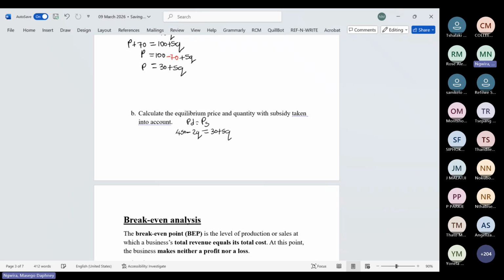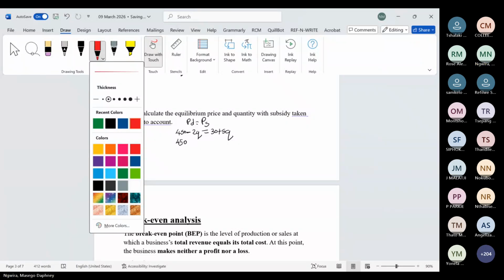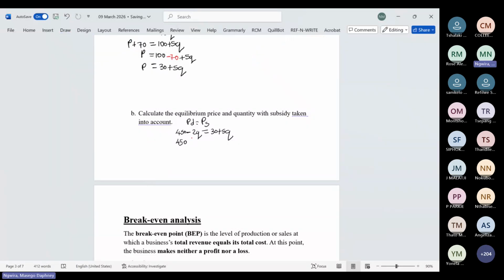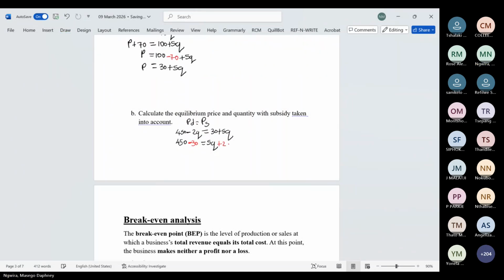I can take the 30 this side to avoid negatives. So it's 450 minus 30 is equal to 5Q plus 2Q.